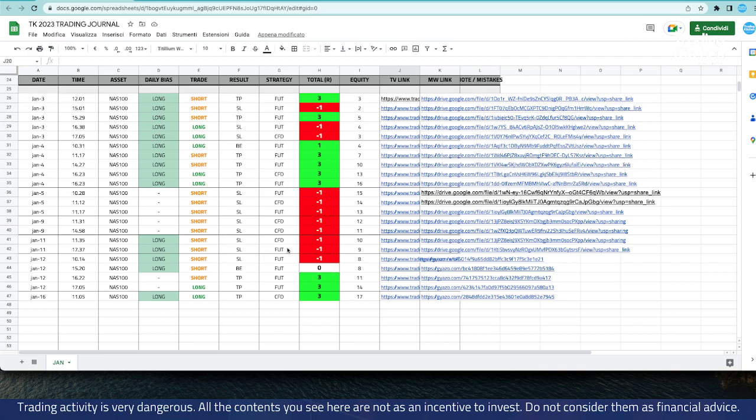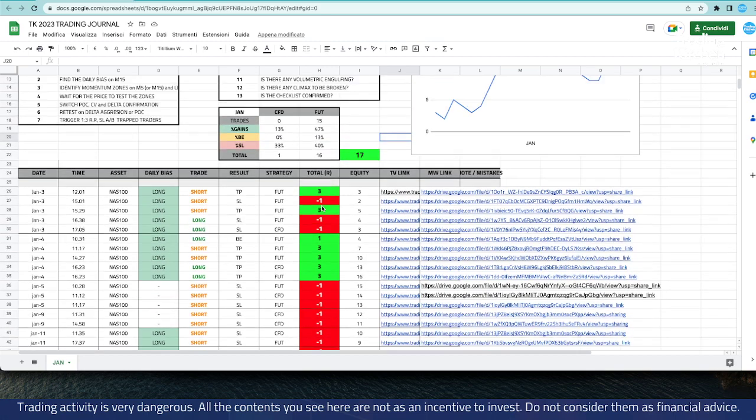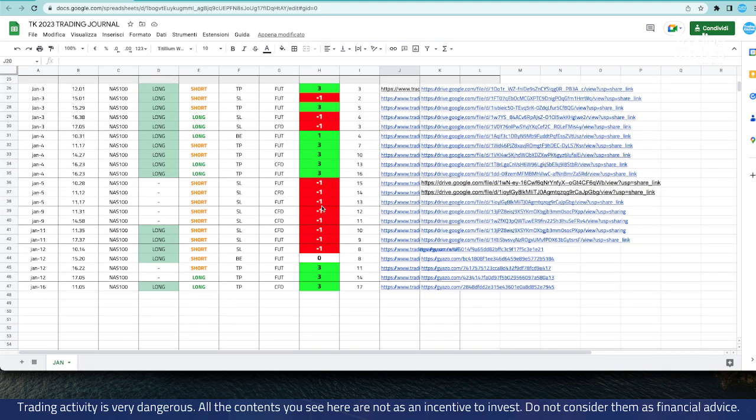That's the reason why I took a small pause to backtest the whole strategy again, because it's something very useful that I advise you to do, because there is no strategy that can be profitable forever.